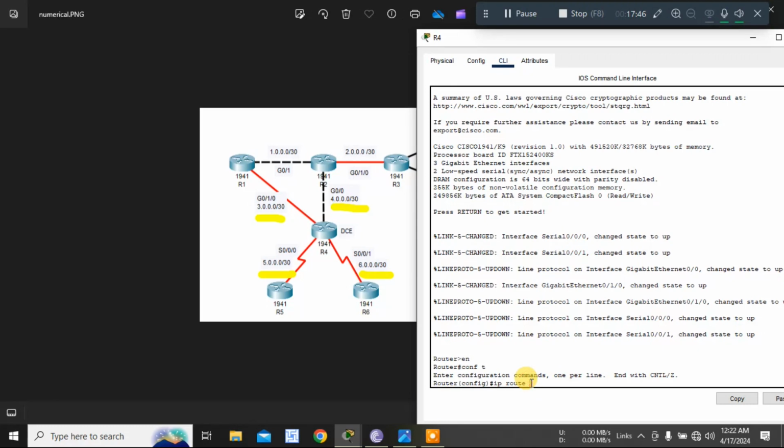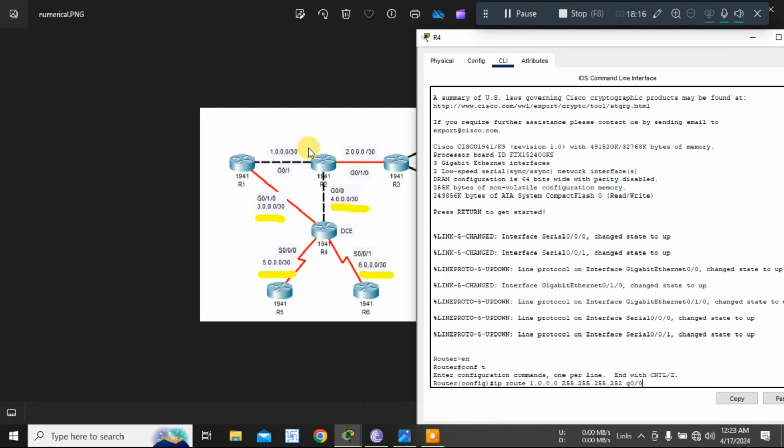What are the other networks? IP route 1.1.0.0 0.0.0 255.255.255.252 via gigabit Ethernet 0/0.